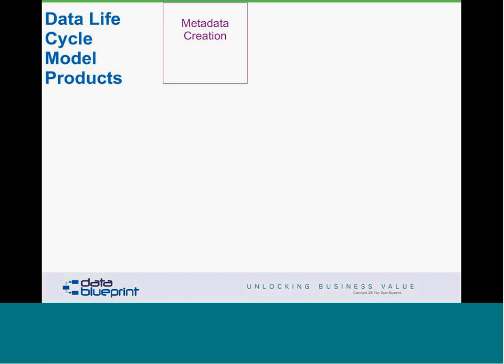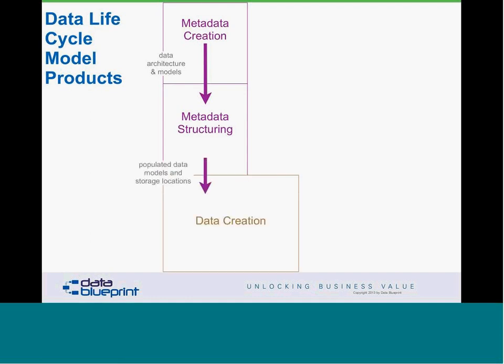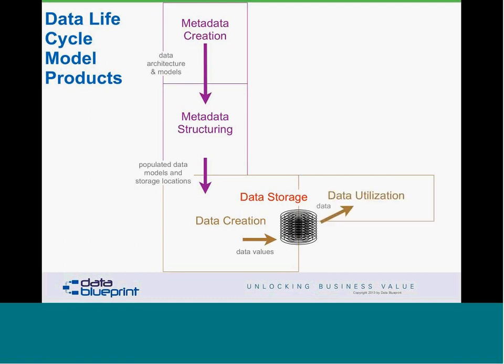We really need to start out with metadata creation, because we need a place to put the data, and that's an acknowledgement that data architecture and models have to be used to create a structure for the metadata. This structure is then populated with the data models in the storage location in a phase called data creation. That allows us to store the data values someplace where we need them to be. Data at that point can be utilized, and we might have a data utilization process.